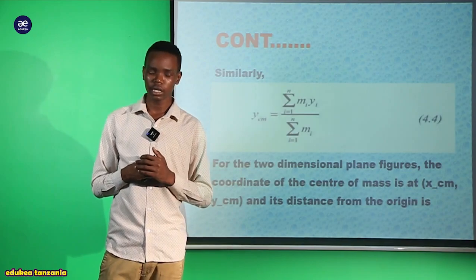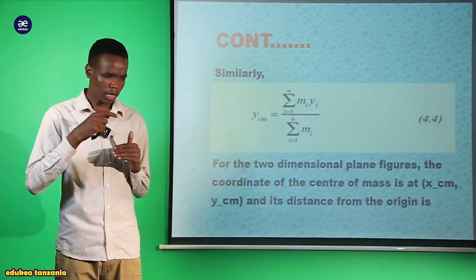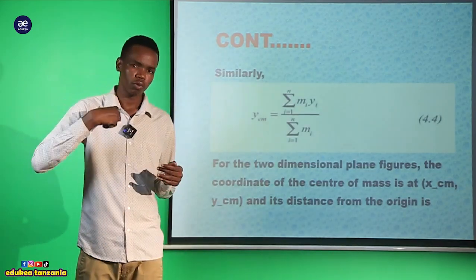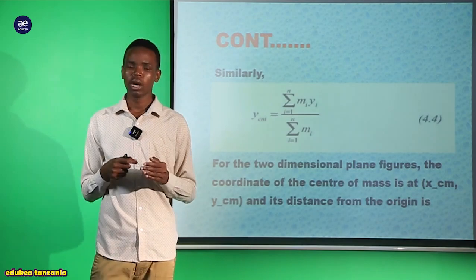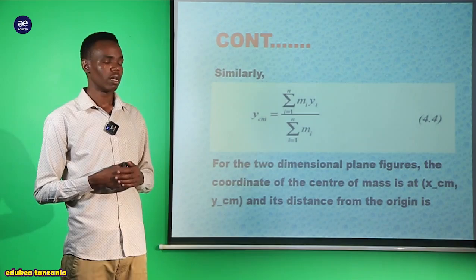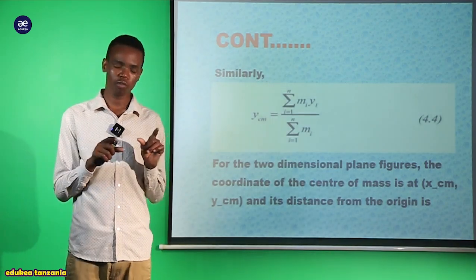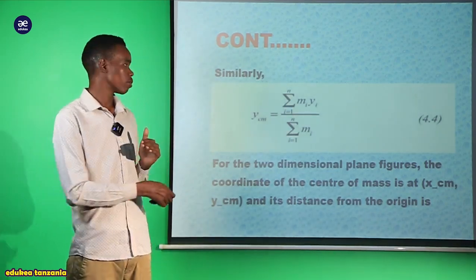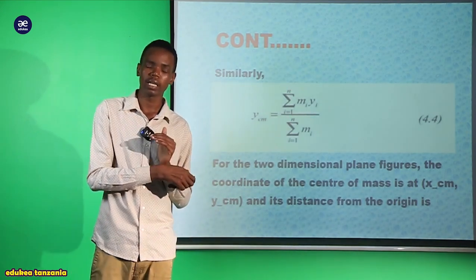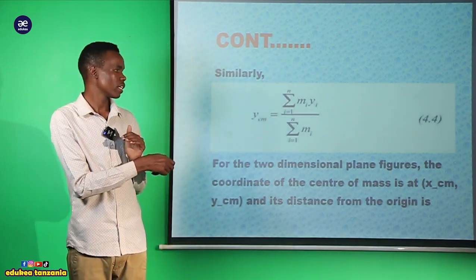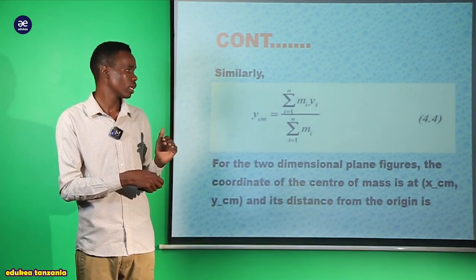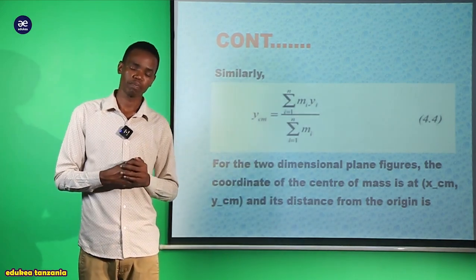It means when the irregular object tries to rotate vertically, the center of the mass along the y-axis must be equal to the summation from i equals 1 up to i equals n times the mass i times the yi divided by the summation from i equals 1 up to i equals n times the mass i.